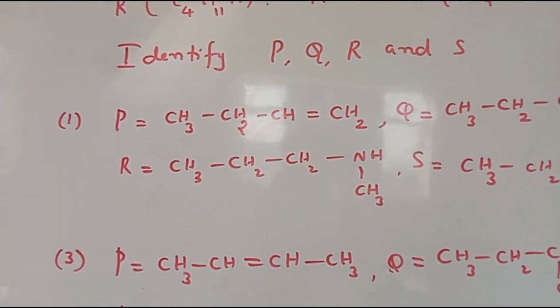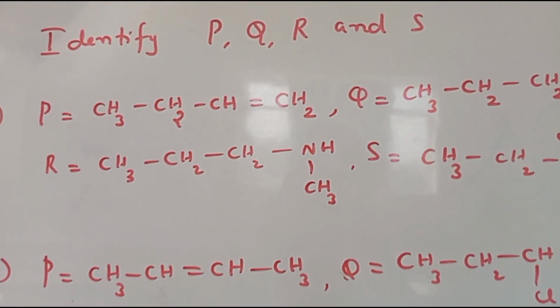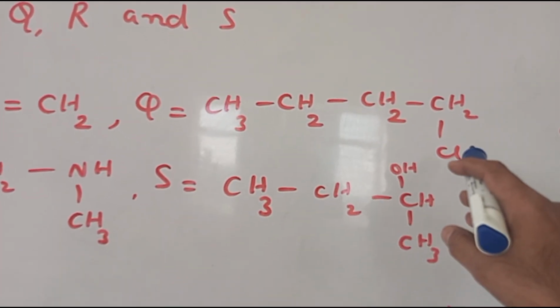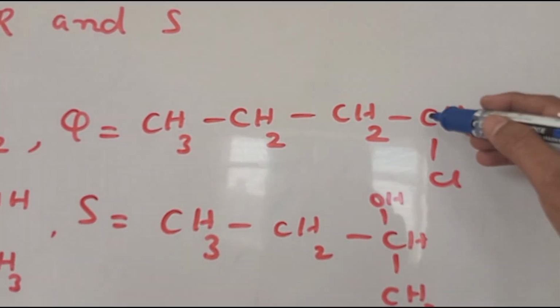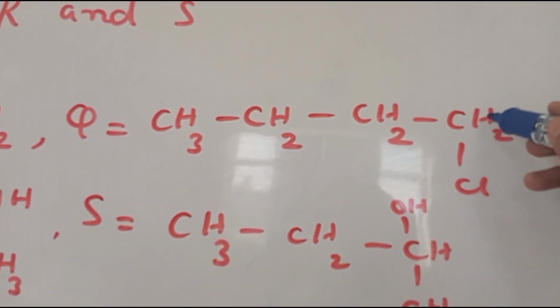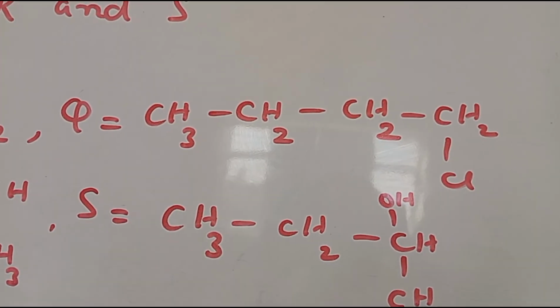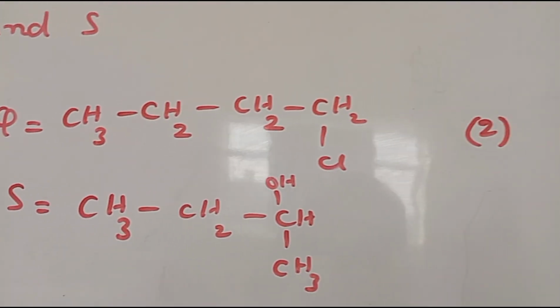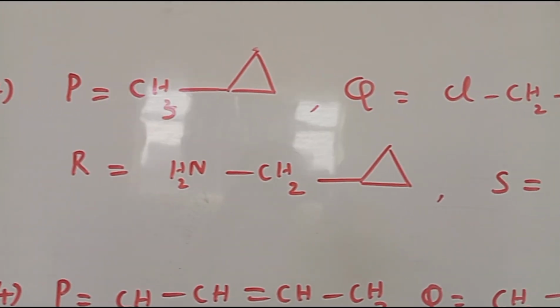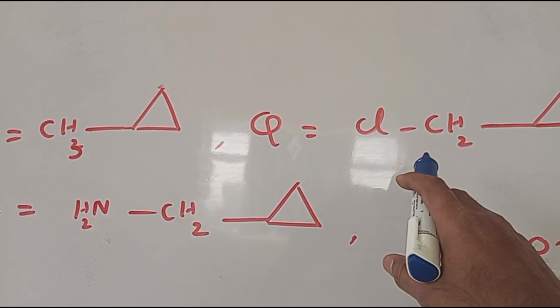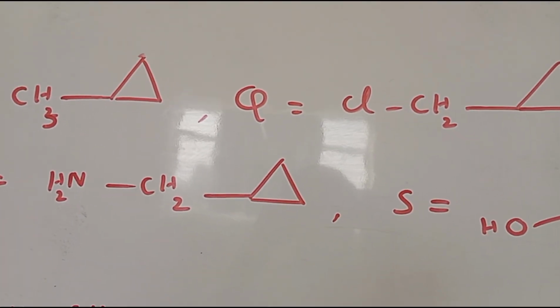First you identify these options. First option, if you see Q, we have C4H9, but the chlorine attached carbon has two same hydrogens. So this is not the right one. Let us see the second option. Second option also has the same thing: the chlorine attached carbon has two hydrogens.